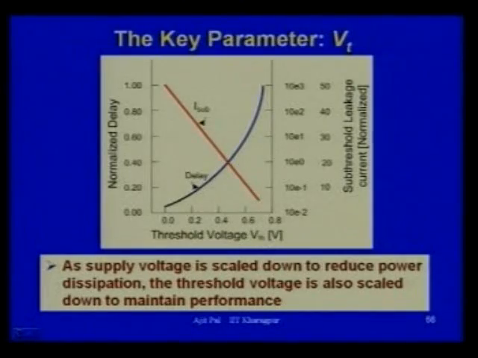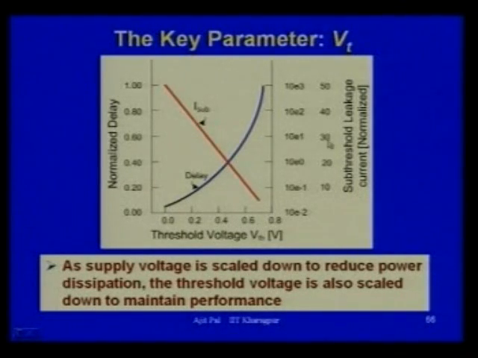But as we go from one technology generation to the next, we have seen that supply voltage is reduced, and threshold voltage is also reduced. So, what is the impact? Let us see. As the threshold voltage is reduced, delay reduces, which is attractive, which we want. But as the threshold voltage is reduced, you can see the leakage current increases exponentially.